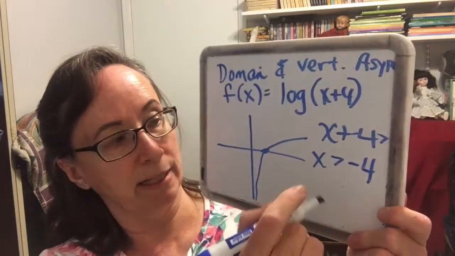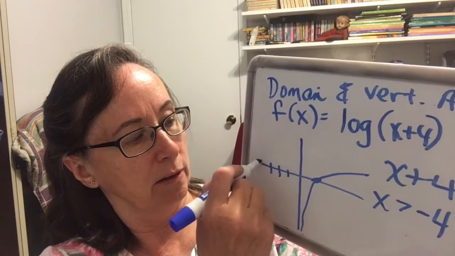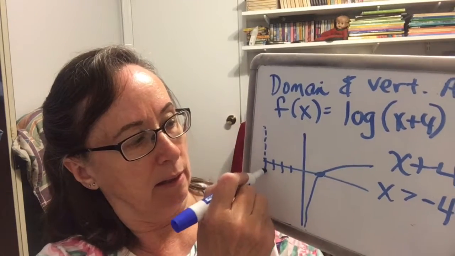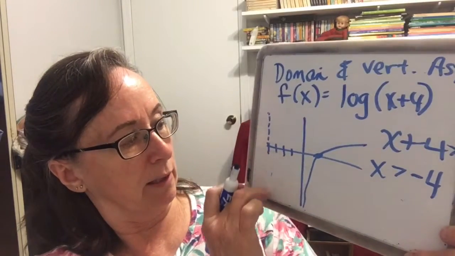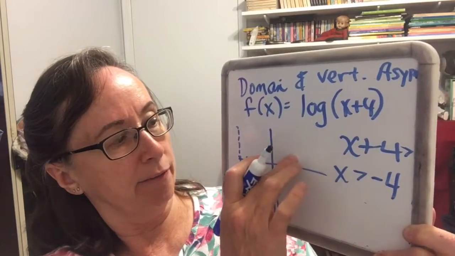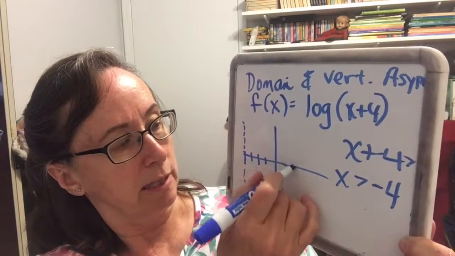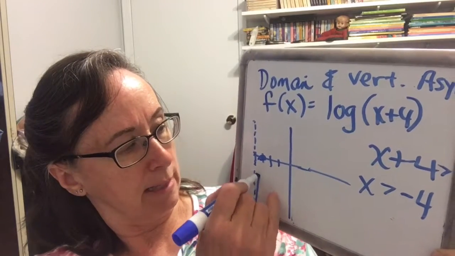Okay, so this one is going to have an asymptote. The vertical asymptote now is going to be sliding over here to -4. Well, that's a really crooked line. And then our graph is going to slide accordingly to this side over here.